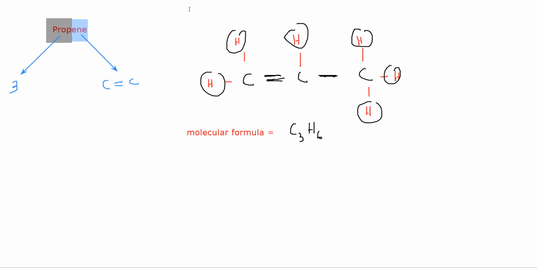Then the empirical formula. What is the empirical formula of this compound, the simplest ratio? We have 3 and 6, and the simplest ratio is CH2.